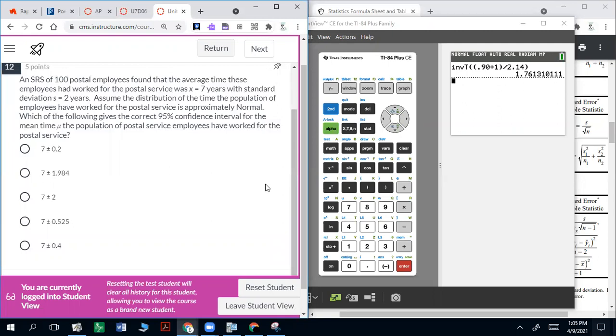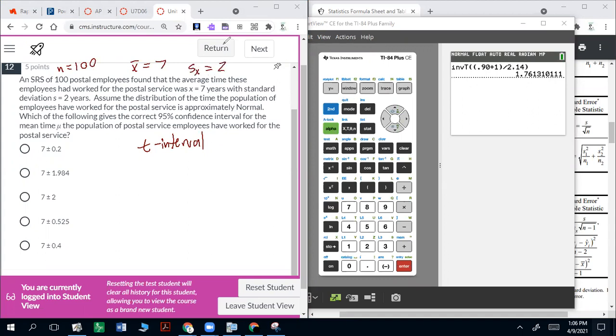So this is a confidence interval, a T interval. One sample, pretty basic. 7 is your average, n is 100, x bar is 7, s of x is 2.